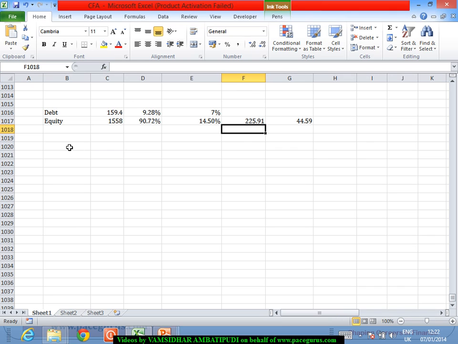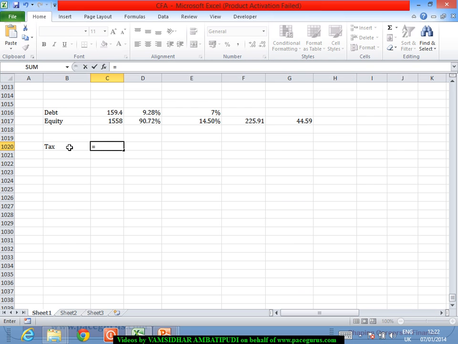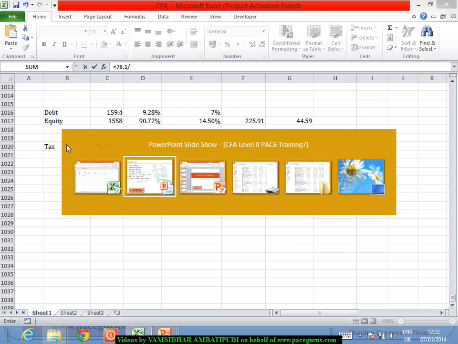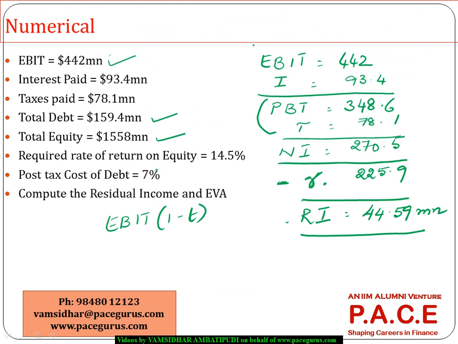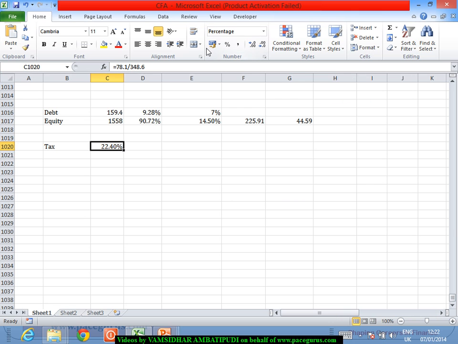The effective tax rate, I can take it as 78.1 divided by 348.6. So what I can do for computing the EVA, first I will compute EBIT into 1 minus T.